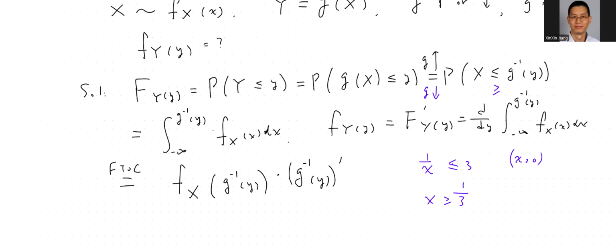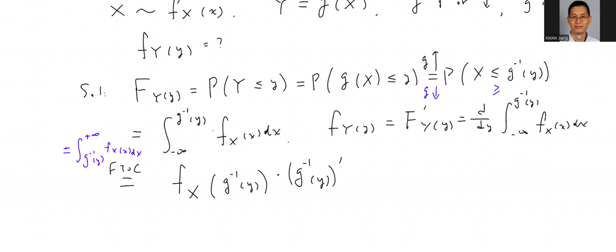Anyway, let's continue with a blue color. So now instead of having the integral from negative infinity to g inverse of y, we would have the integral from g inverse of y to positive infinity of f of x. That's what we should have.